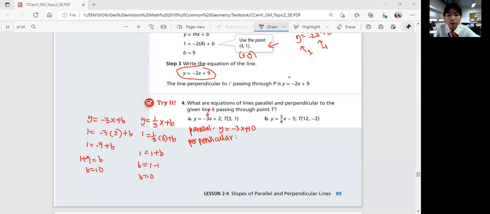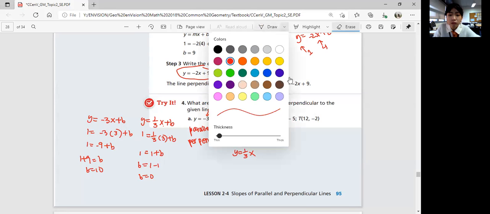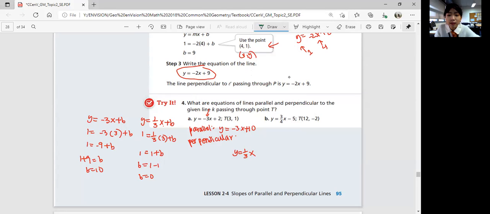All right, so the perpendicular line for part A would be y equals 1 over 3x plus 0, which is y equals 1 over 3x. Okay. What about part B? Do the same thing.